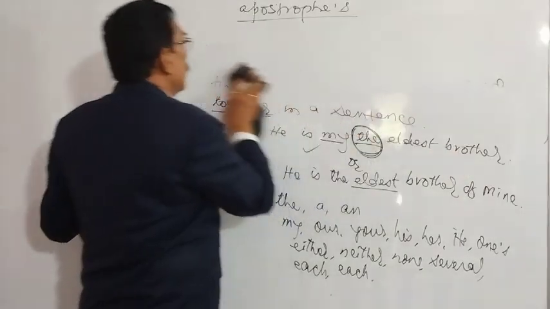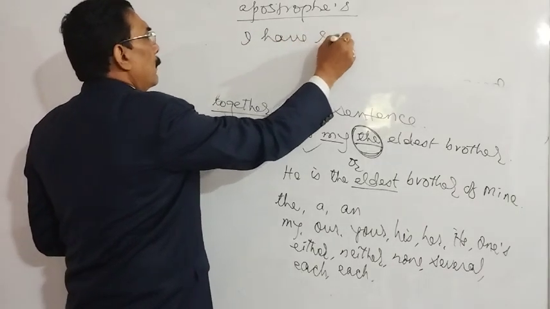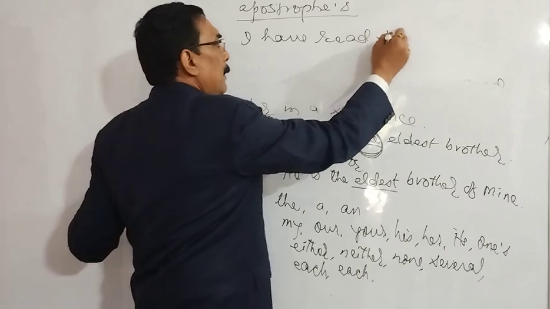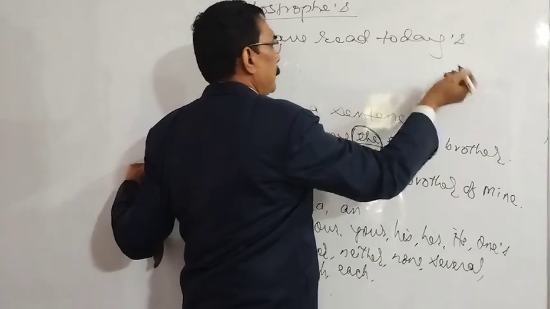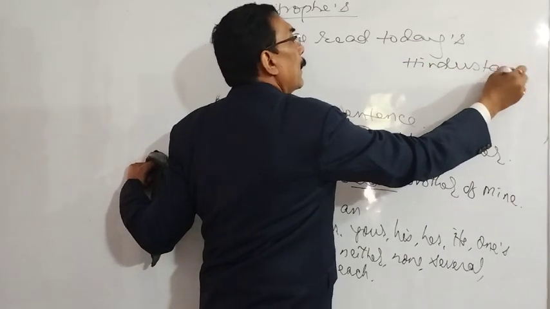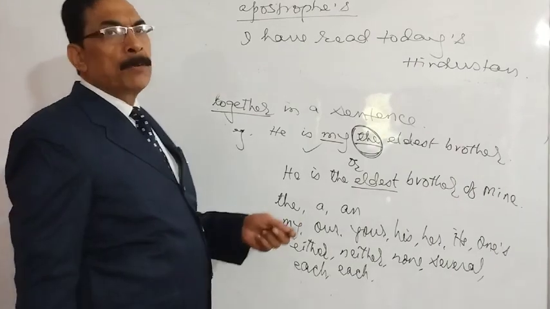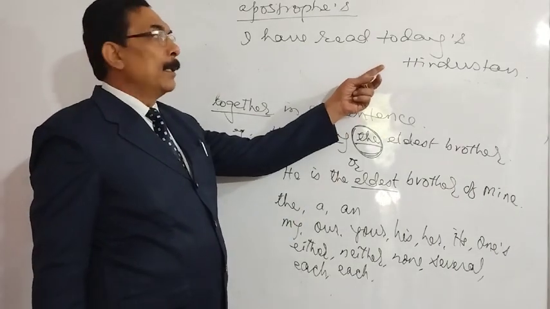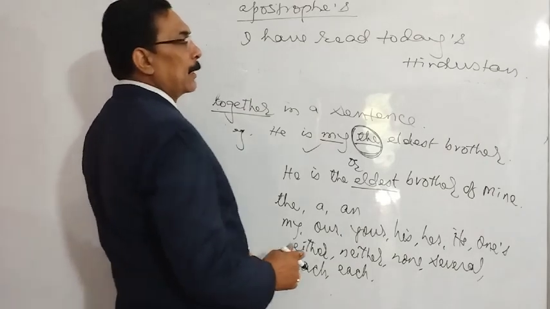One example, I have read the Hindustan. We know that according to the rule of English grammar, we use the definite article before the name of a newspaper. But here the can't be used.